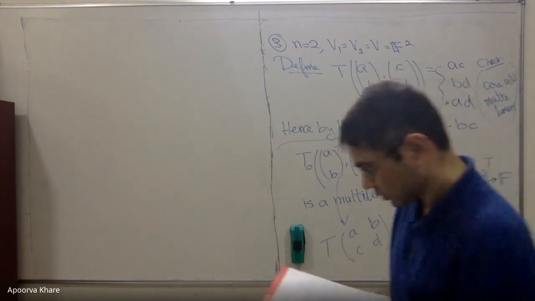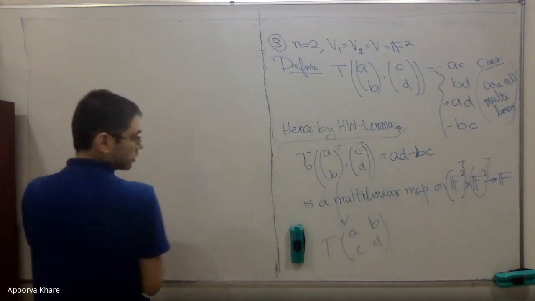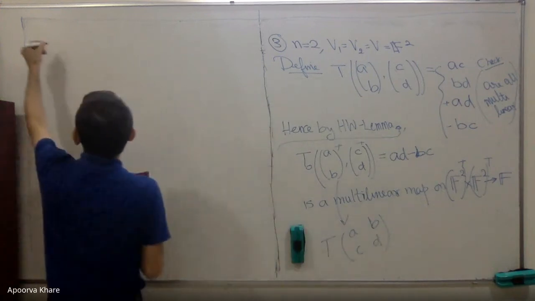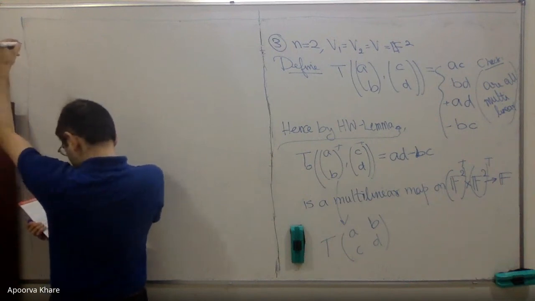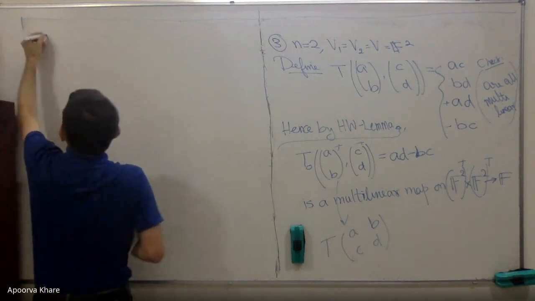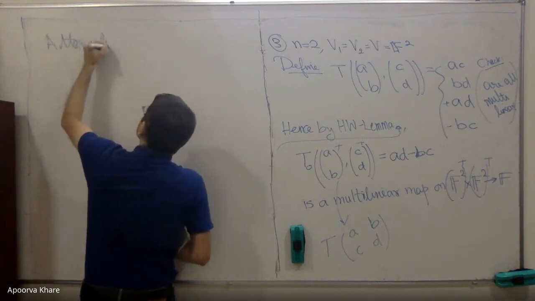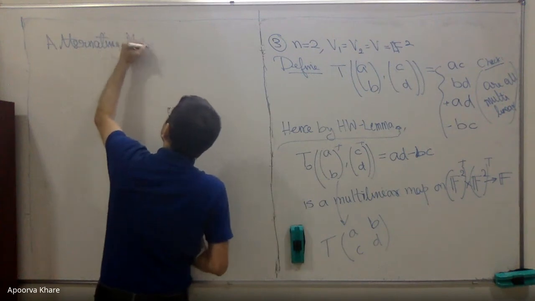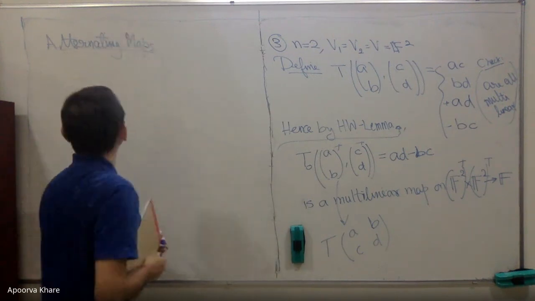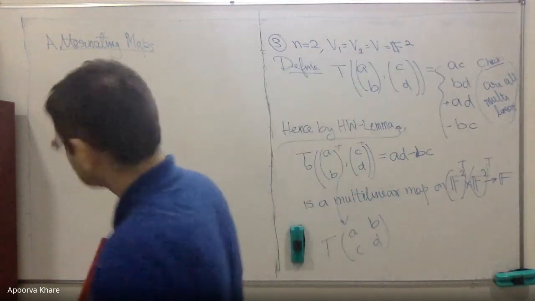Okay, so let us continue. Last time we saw this. So today, first of all, let's talk about alternating maps. Okay, so that's the first part of it, alternating maps, and then we will talk about determinants and so on.